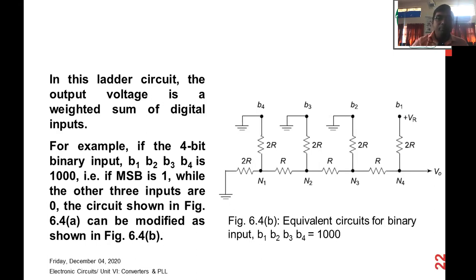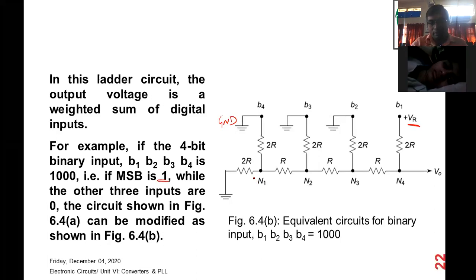For example, if the 4-bit binary input B1 to B4 is 1 0 0, meaning the MSB is 1, then B1 is connected to VR and B2, B3, B4 are connected to ground. So you can see that we can modify the circuitry now. R and 2R in parallel give the resistor R. That is shown in the next diagram.